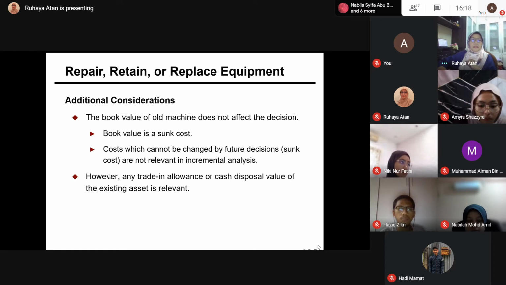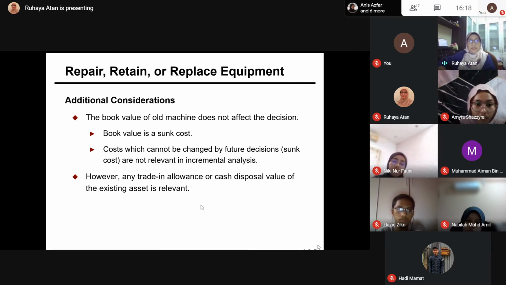But any trade-in allowance or cash disposal value of the existing asset is relevant. Of course, if you are able to sell the old machine and get some money for it, normally you trade in, isn't it? You will trade in the old machine for the new machine, and of course the price you have to pay for the new machine will be less by the value of the trade-in, and that is included in your calculation.